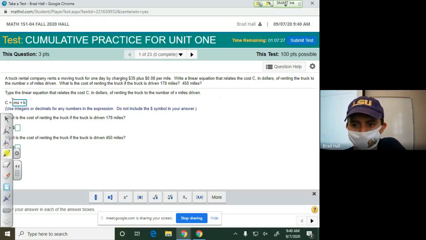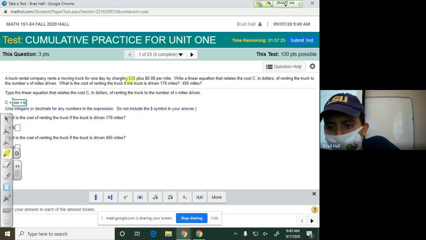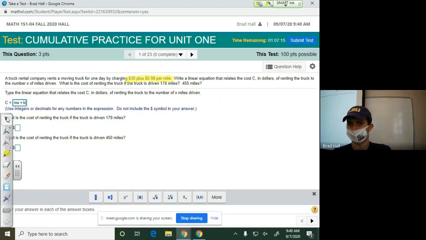Well, it starts off by giving us $35 plus 8 cents per mile. Now, when I see per mile, that makes me think of something that's changing.